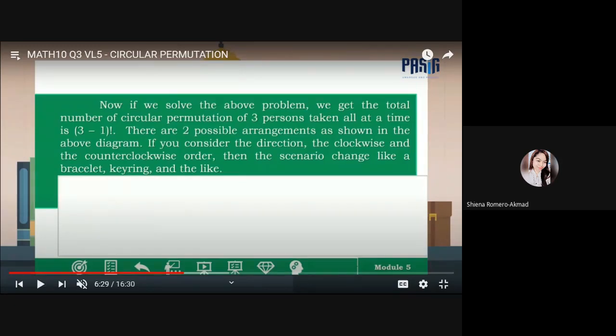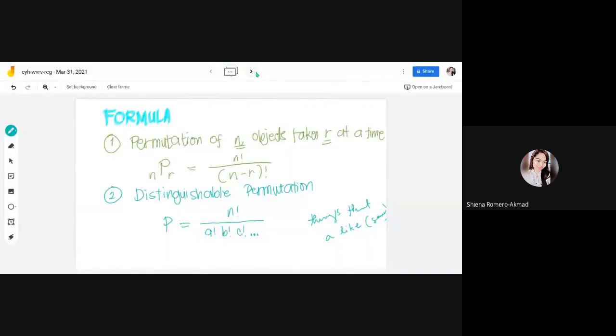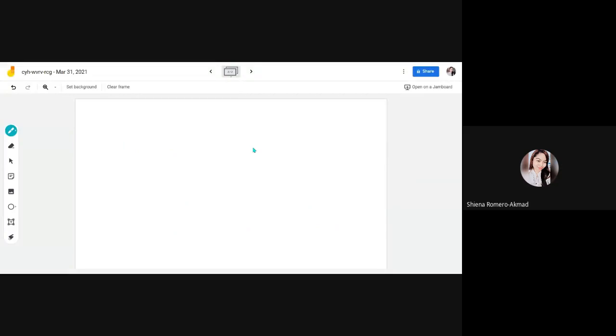So aside from n-1 factorial, balik tayo dito sa ating formula.